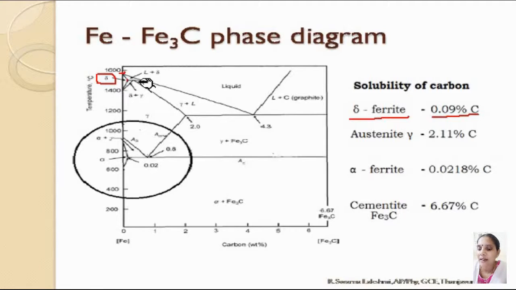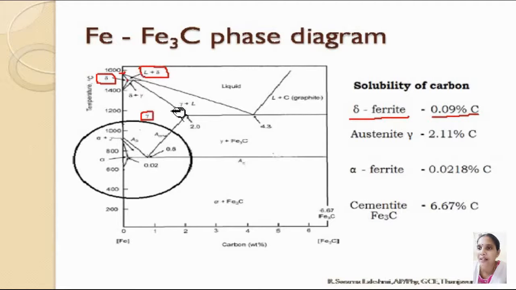This line at 1493 degrees Celsius, the horizontal line here in this region of the phase diagram, is known as a peritectic line, because across the line at 1493 degrees Celsius at a composition of 0.2 weight percent carbon, a combination of liquid and delta phase is transformed into austenite phase.